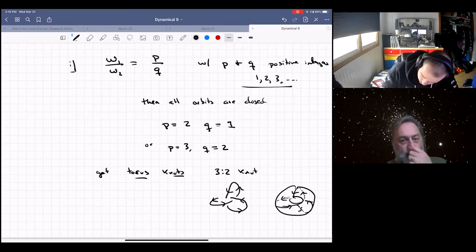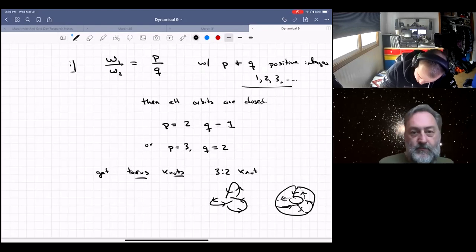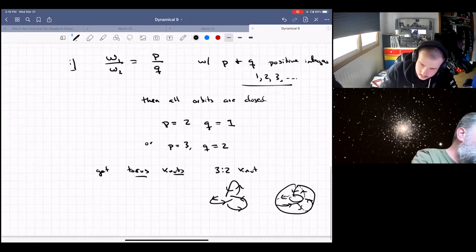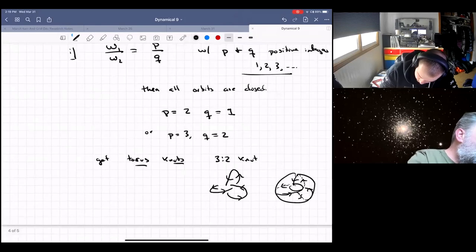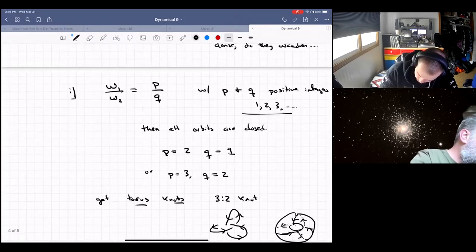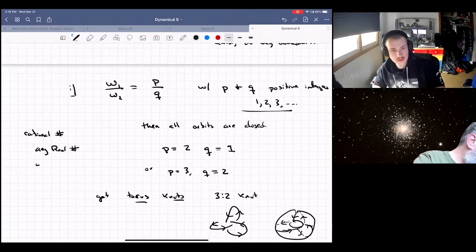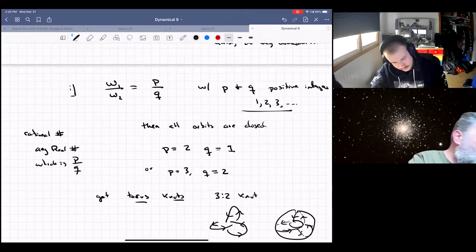And so you can have different types of knots in these. On the other hand, these numbers are rational numbers.